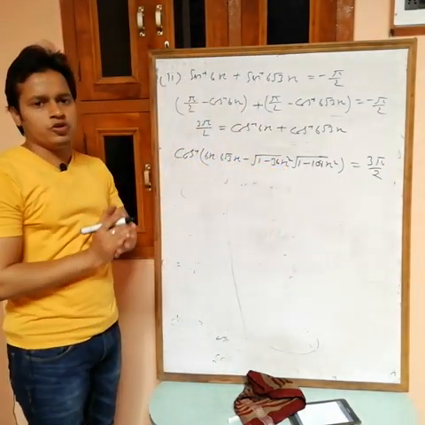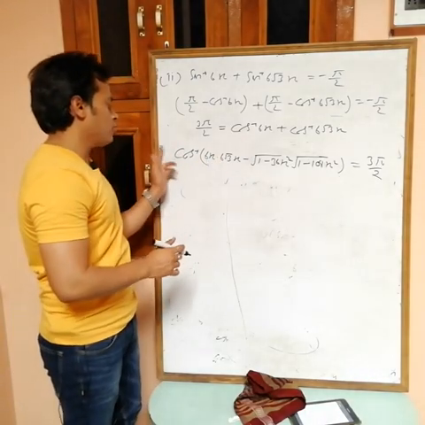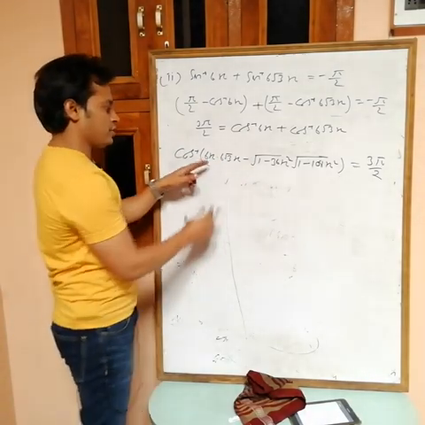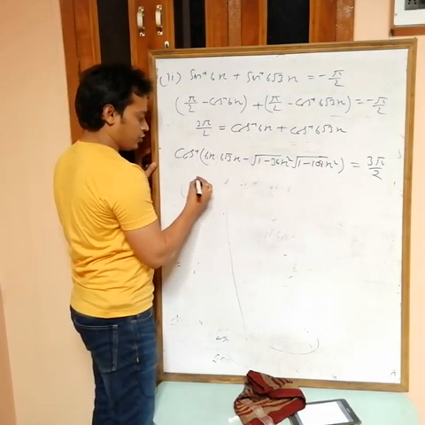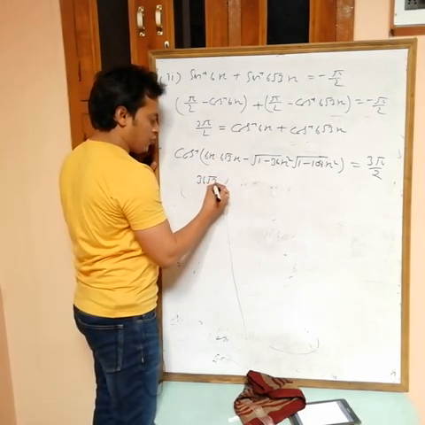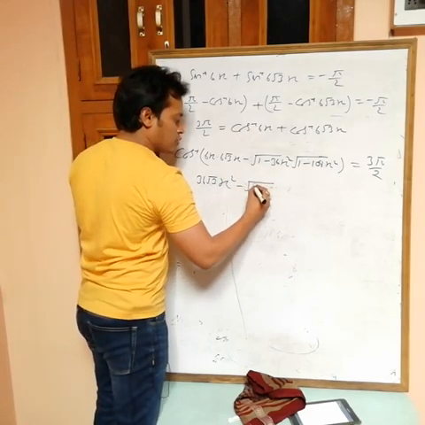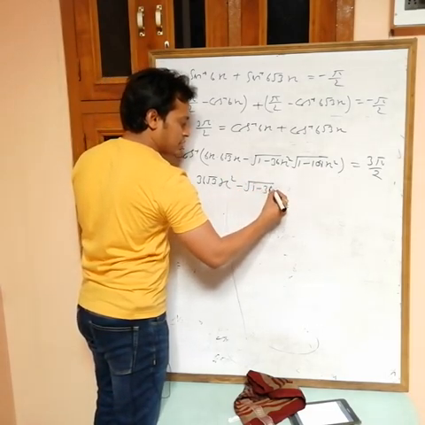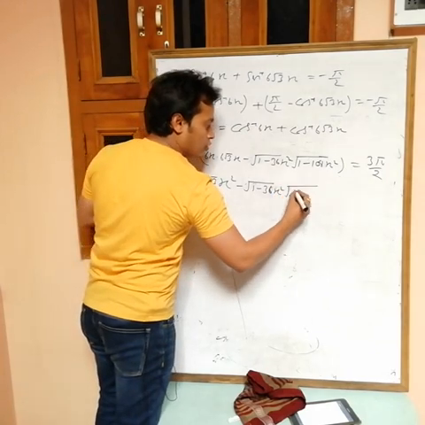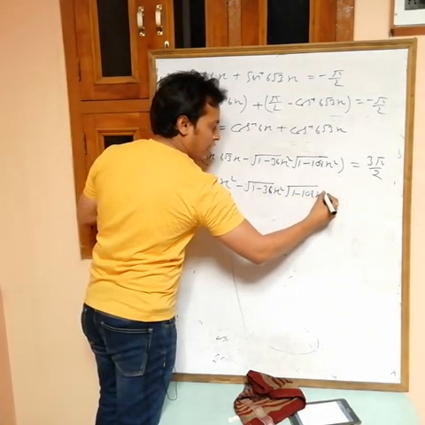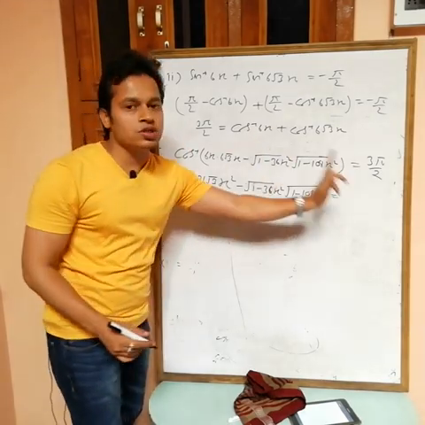Now take cos on both sides. Cos of cos inverse x is equal to x, so this one remains as it is. So 36 root 3 x square minus root 1 minus 36 x square root 1 minus 108 x square, and cos 3 pi by 2.